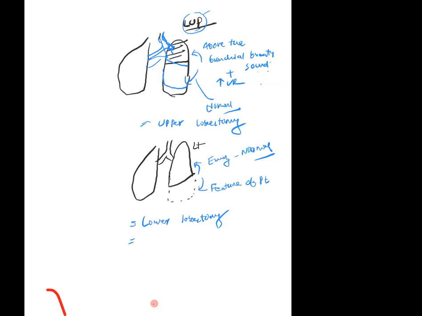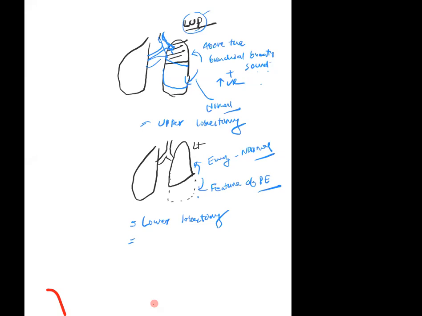Chest expansibility and movement will be reduced below the scar, along with a dull percussion note, and absent breath sound and vocal resonance. So everything will be below the scar. Above the scar you will find everything normal. You will not find any bronchial breath sound or any increased vocal resonance. So this is the case of the lower lobectomy.